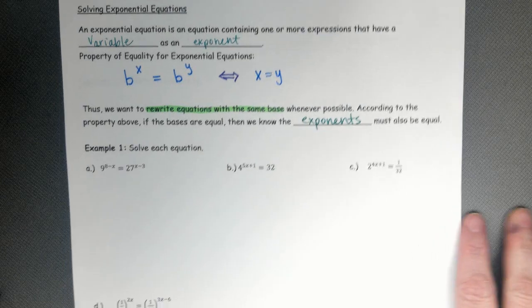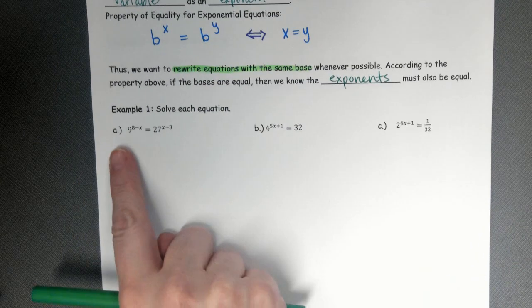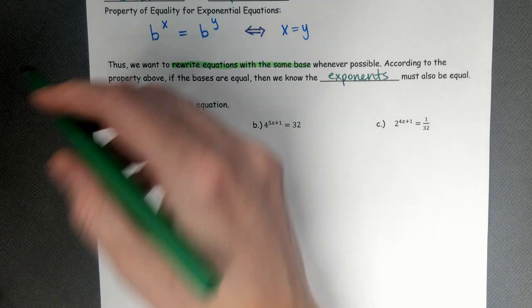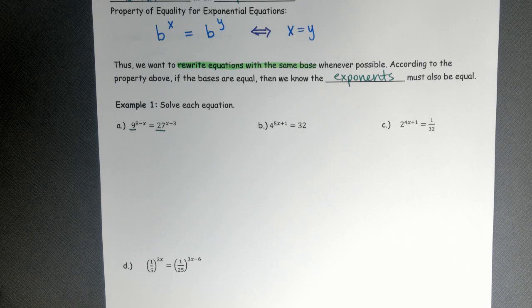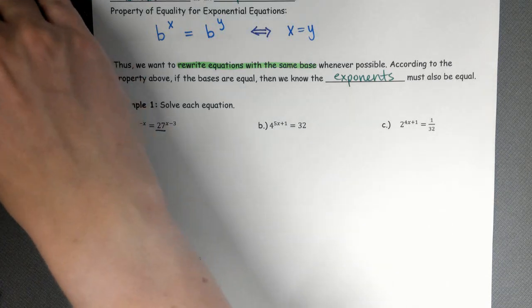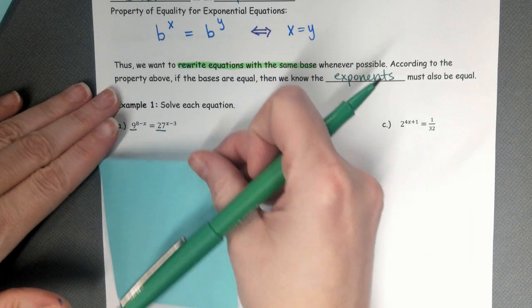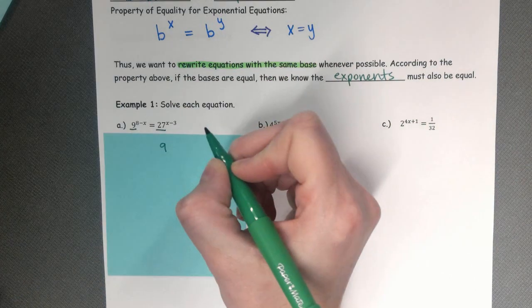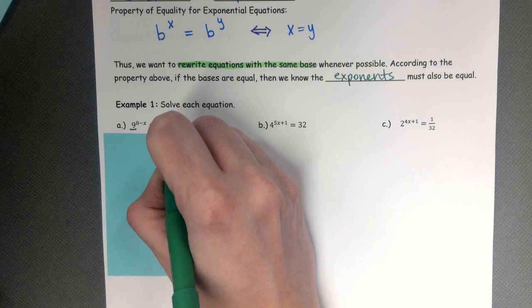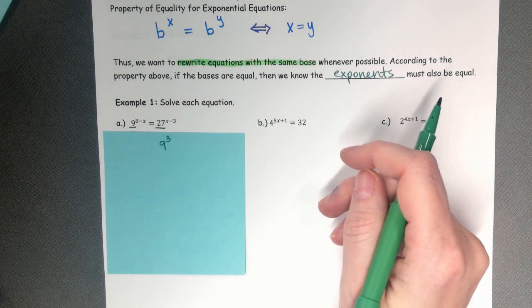So, let's look at the bases in example 1, part A. We have 9 and we have 27. Can I rewrite 27 with a base of 9? 9 to what? So 9 to the 3rd equals 27?